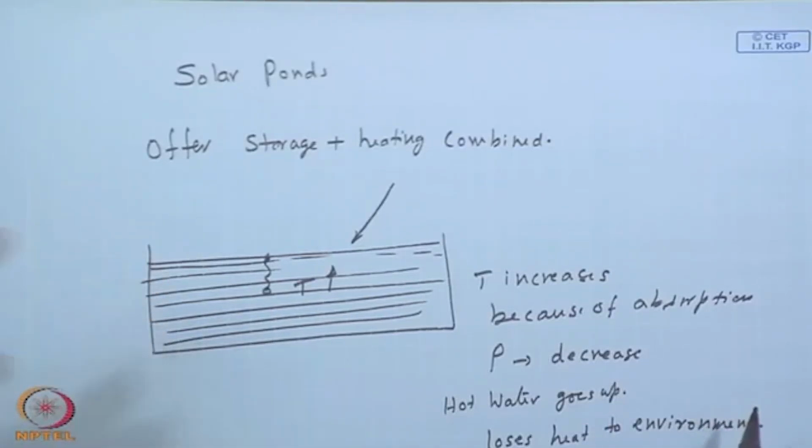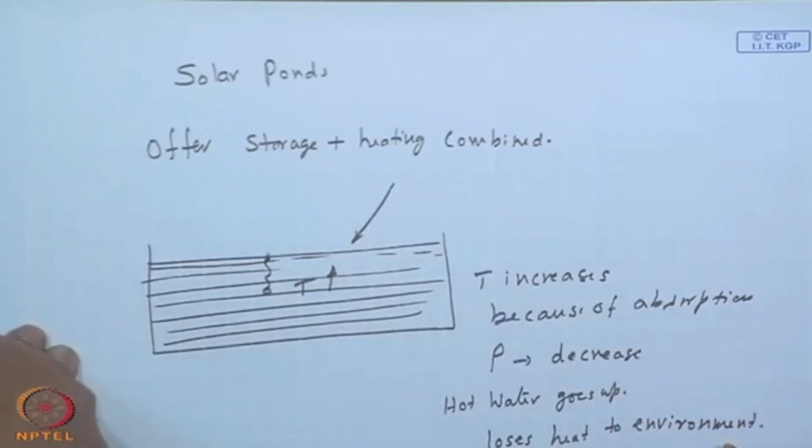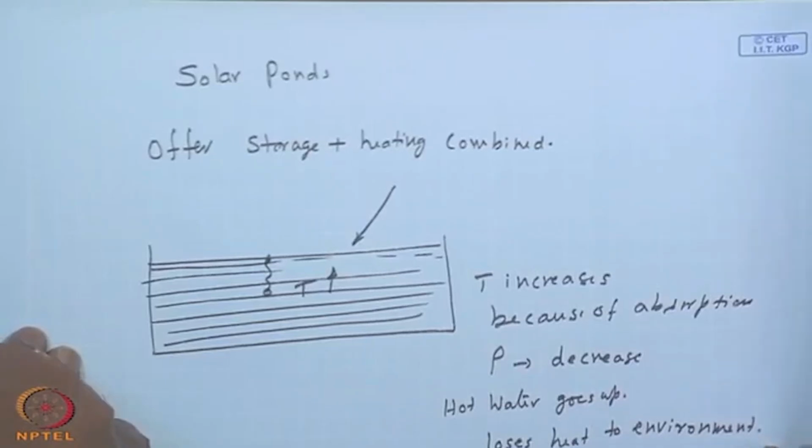So what is normally happening in a lake is that the layer of water absorbs the solar radiation, the temperature increases. As the temperature increases, the density decreases and it goes up, interacts with the surroundings and loses its heat, and it is a continuous process.